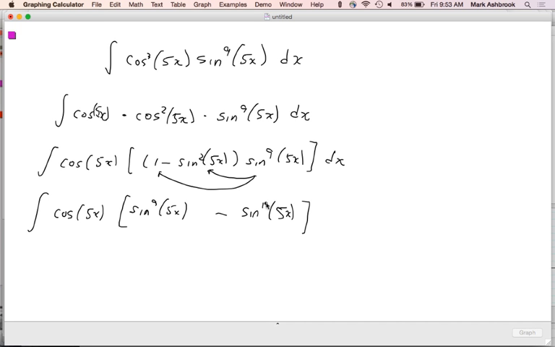Now I have two integrals, which are both a power of sine times cosine, which we should recognize immediately as each of those would be undoing the chain rule. But then you also have to worry about that 5 in there too. So you just got to make sure you take care of the 5 also.